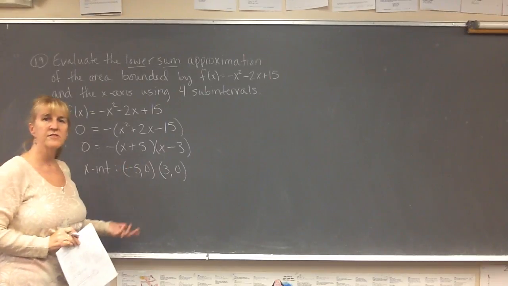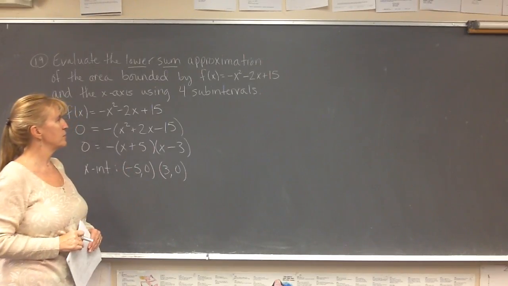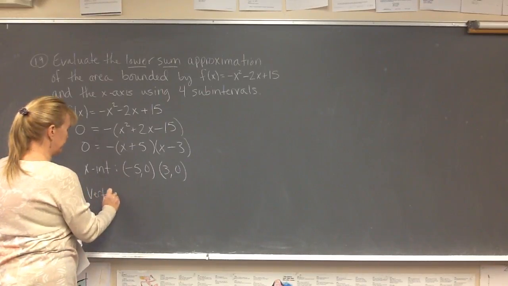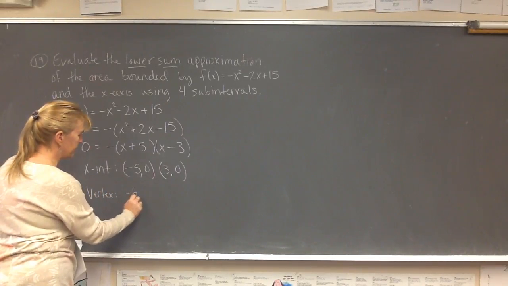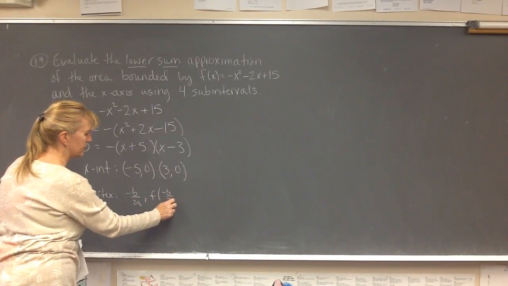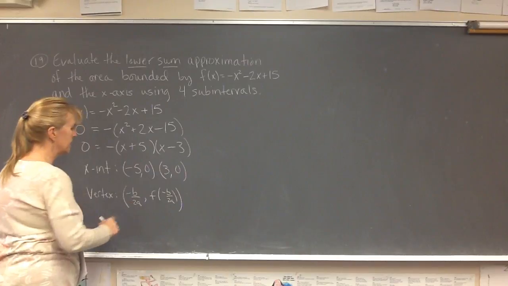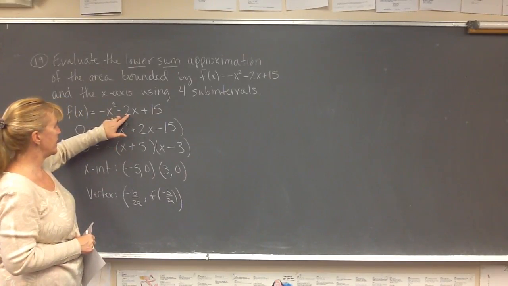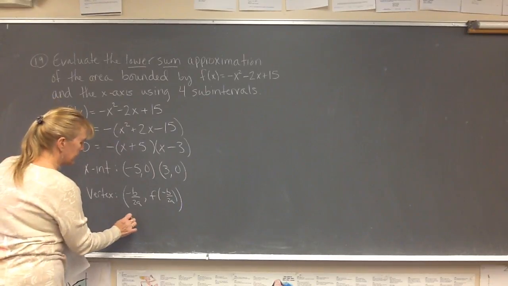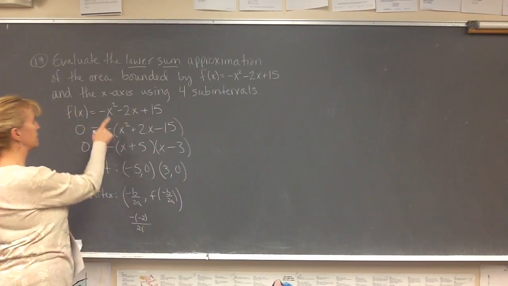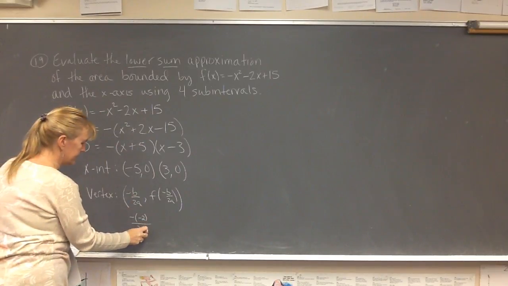So I'm going to sketch this graph just a little bit and see what's going on. Also, I'd like to know about my vertex. The vertex is negative b over 2a, and then f of negative b over 2a. If I take a peek at my original function, negative b over 2a gives me the negative of negative 2, over 2 times my a here, which is negative 1.